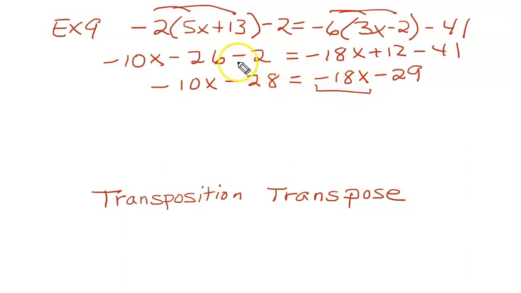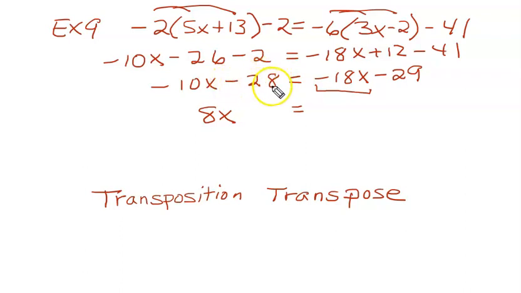So, for instance, we're going to take this negative 18x, move it to this side where it becomes a positive 18x. Do our subtraction here, and we're left with 8x on this side. Now, we want to get rid of this negative 28.